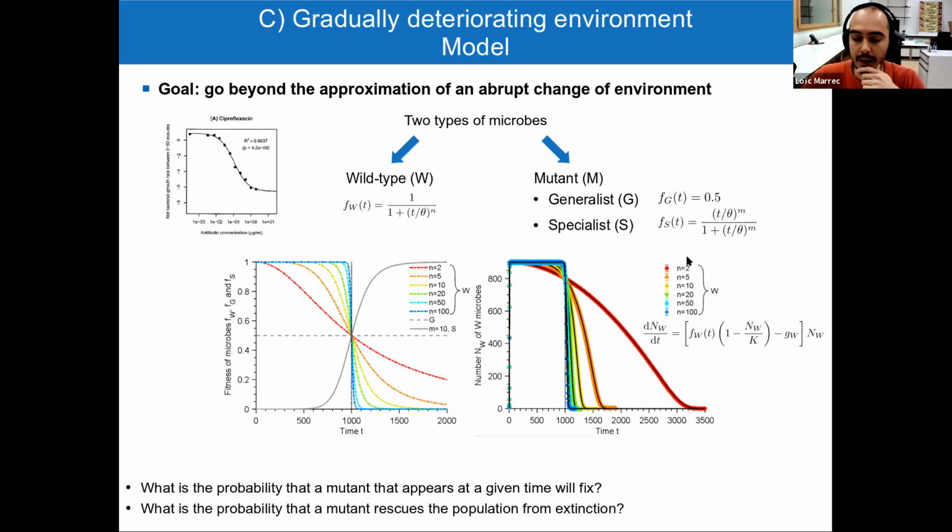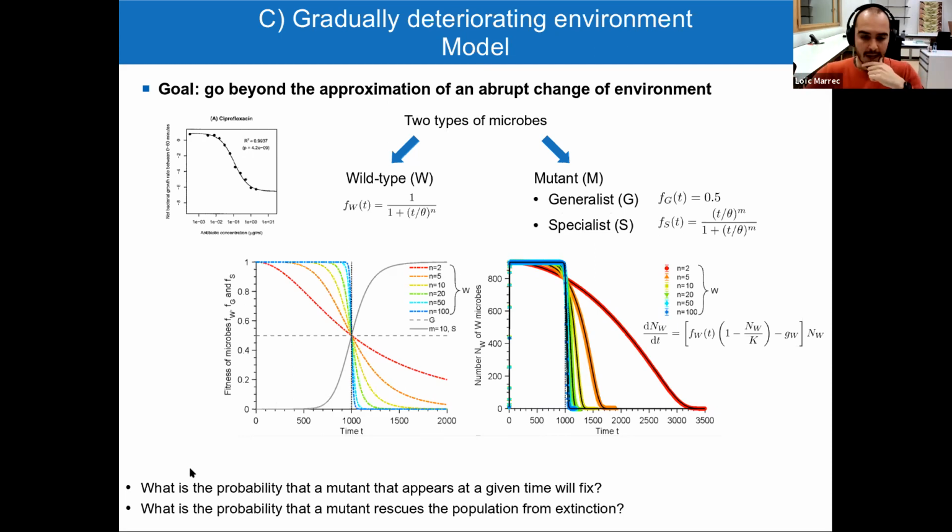And of course, if the Hill coefficient is very large, then you have a very abrupt change of environment, so the population goes extinct very quickly. In the following, my question will be: can I rescue this population with a mutant, more specifically with a generalist mutant, which is not impacted by the change of environment, or by a specialist mutant whose fitness increases over time, like this curve?